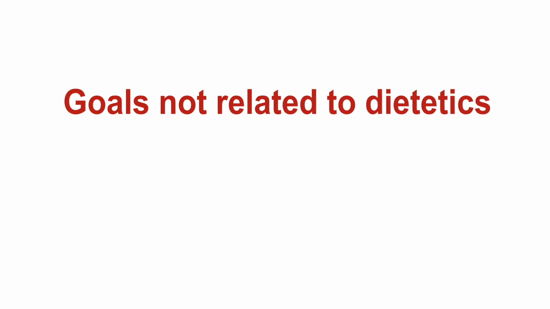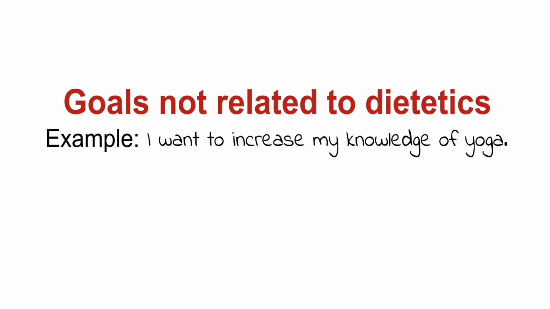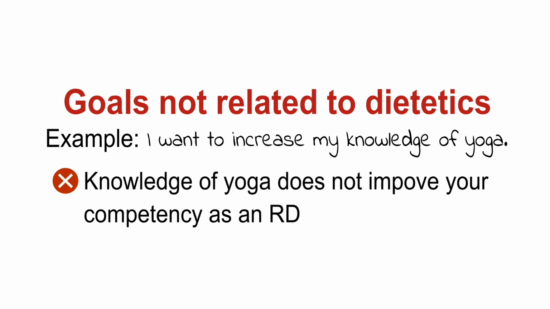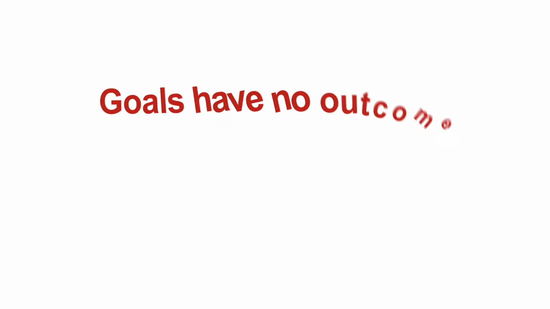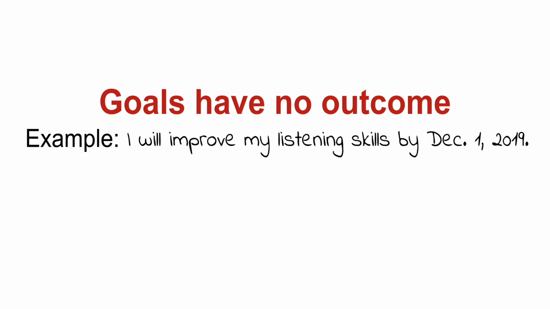Goals not related to dietetics. An example of this would be, I want to increase my knowledge of yoga. Knowledge of yoga does not improve your competency as a registered dietitian. Goals have no outcome. For example, I will improve my listening skills by December 1st, 2019.